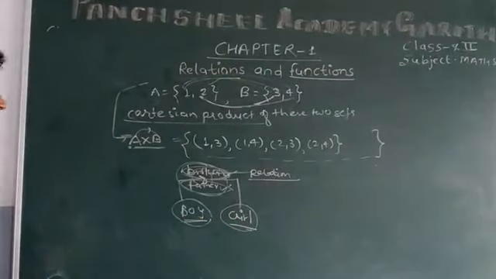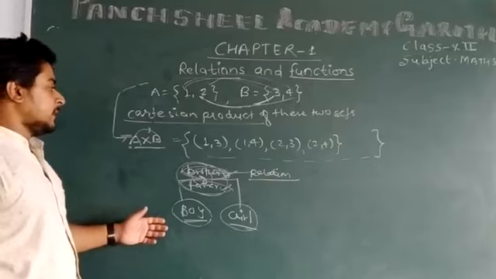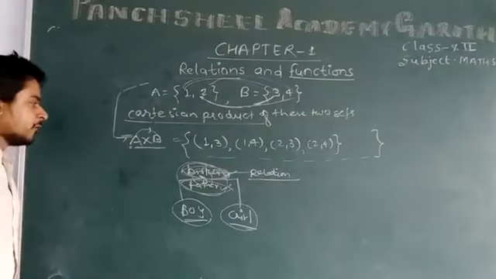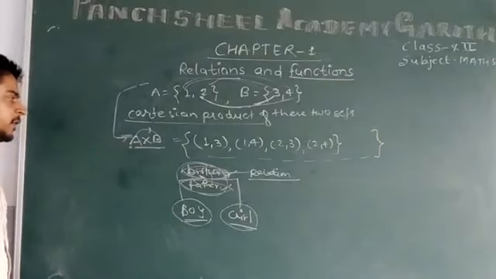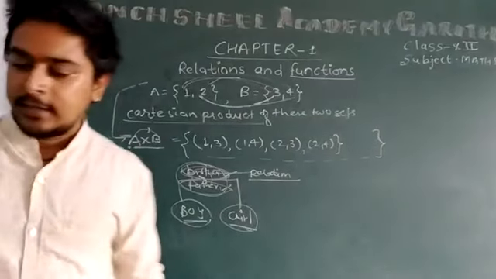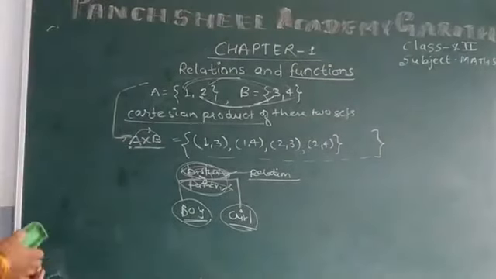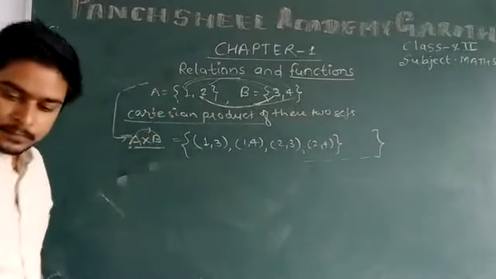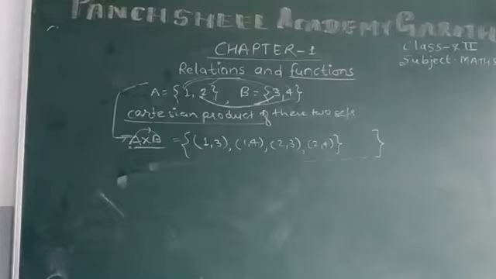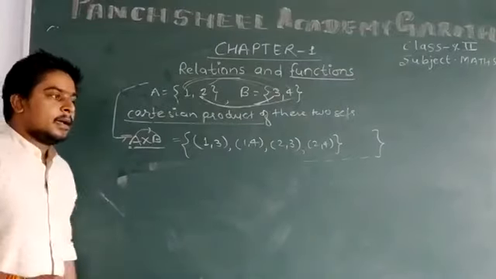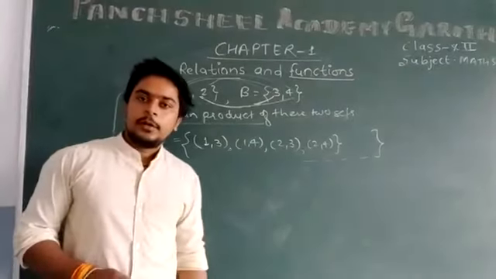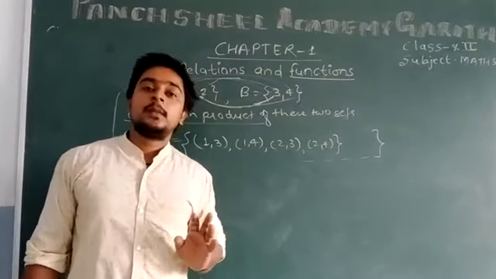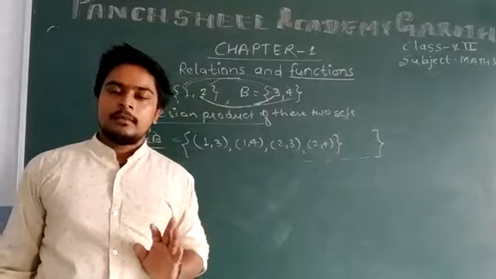How can we define the relation from the Cartesian product of the two sets? I think that you get the idea about relation.